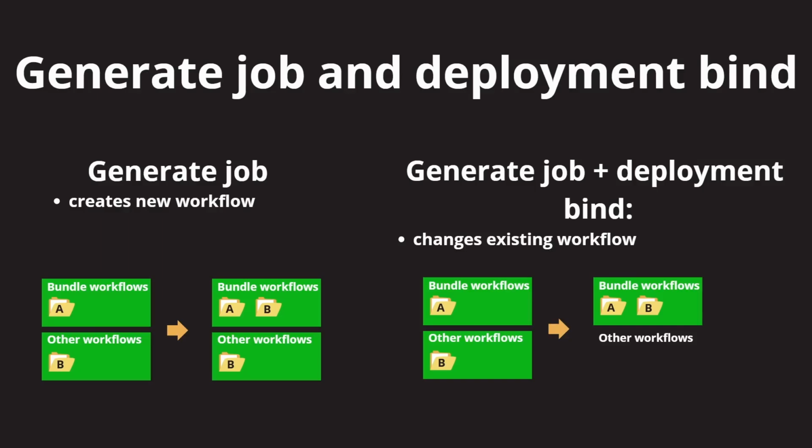So that would generate additional workflows when we use the databricks bundle deploy command. If, on top of the generate job, we also use the deployment bind command, then we could actually bind the external workflow B and make the bundle, instead of creating a new workflow, just override the existing workflow B.